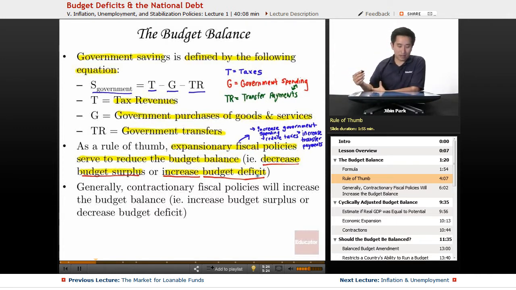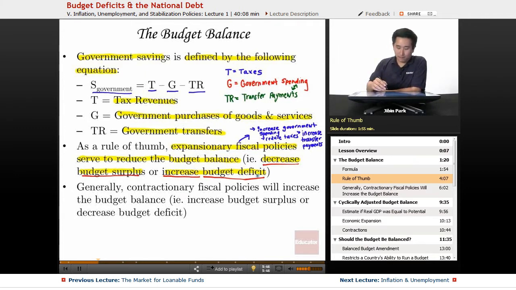The reason being that you're in recessionary times, combined with the fact that the U.S. used expansionary fiscal policies. The government was spending more and also reducing taxes to try to stimulate aggregate demand, shifting the aggregate demand curve to the right. But in doing so, it incurred a very gigantic budget deficit.